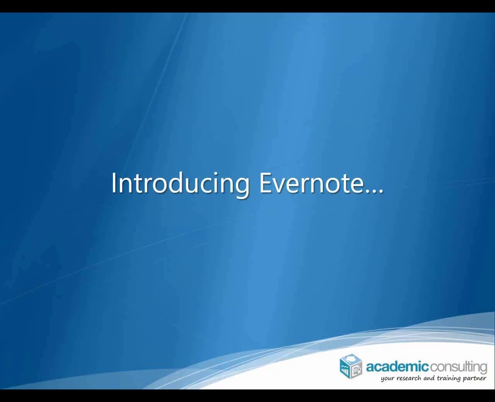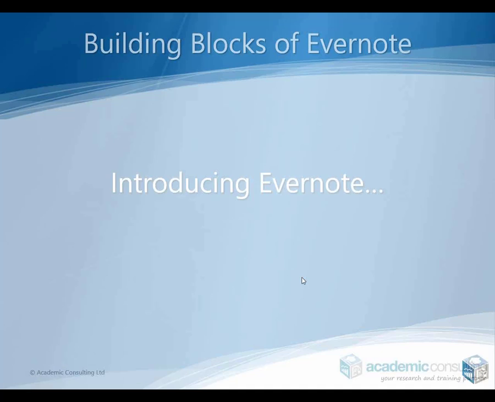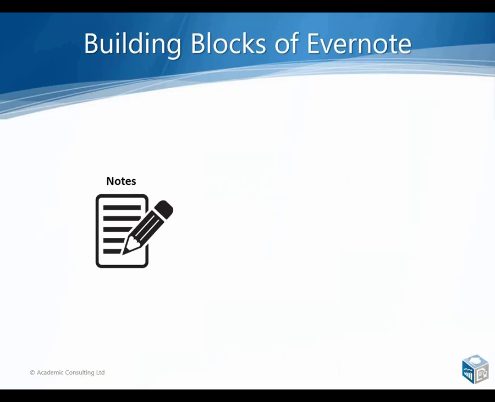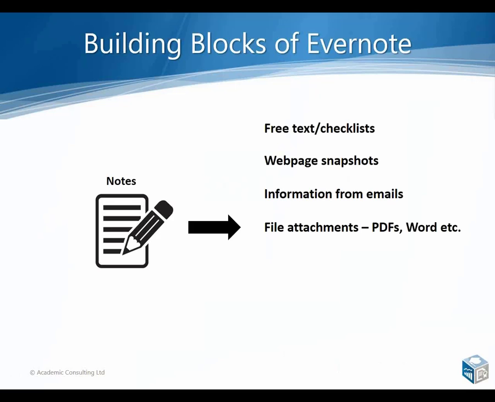Before I jump into the software itself, I want to talk briefly about what the building blocks of Evernote are. The main building block of Evernote is something called a note, and notes represent the information that you wish to store. Notes can be quite a wide range of different things, and I'm just going to bring up what some of the options are.